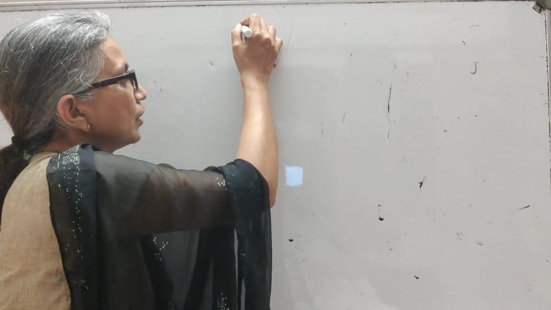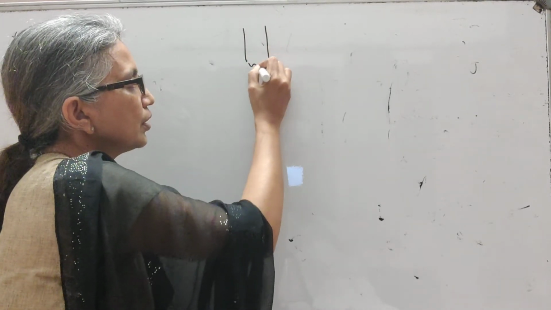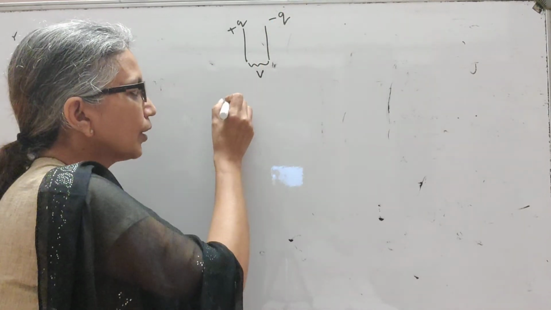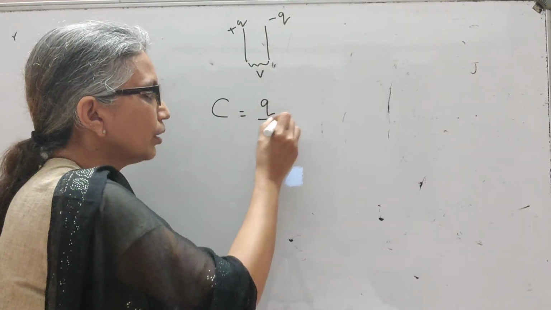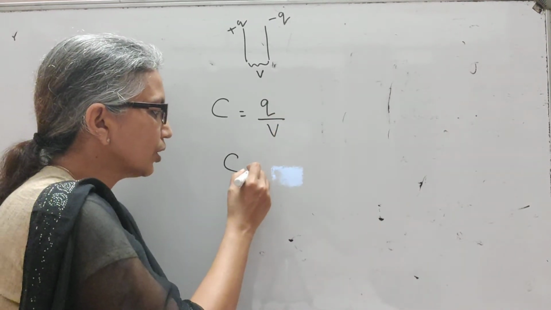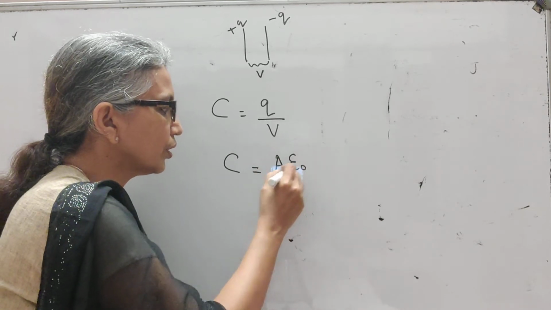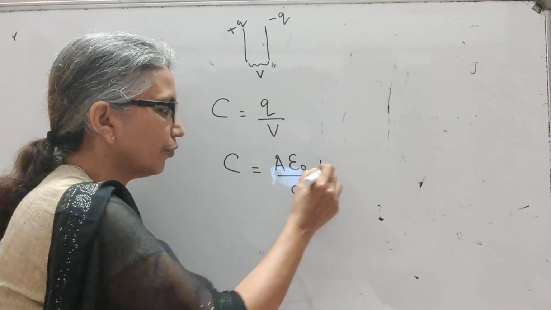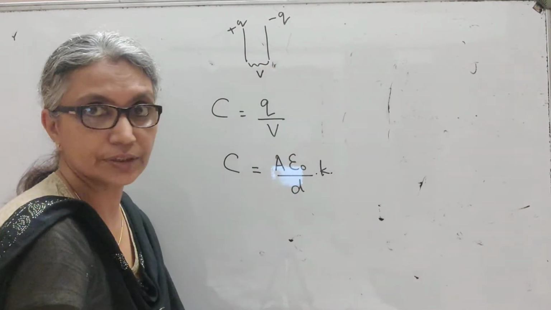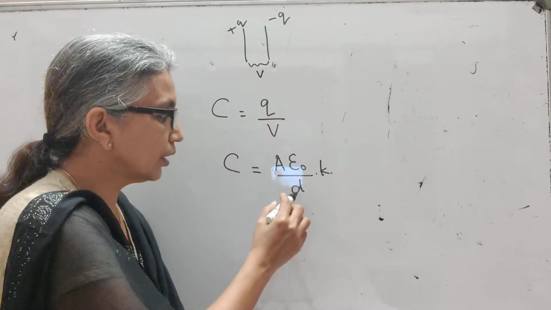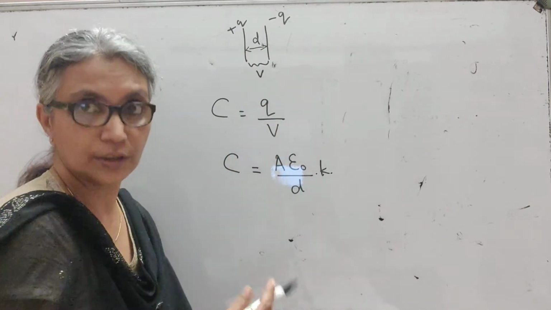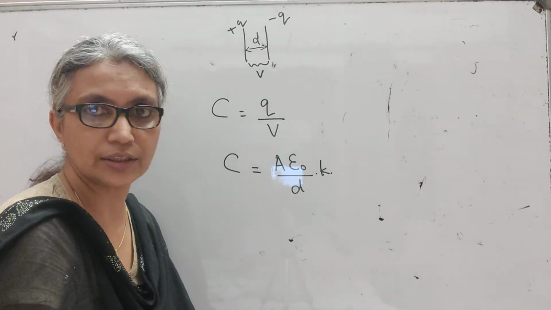In the case of a capacitor, this is V, this is plus Q and this is minus Q. The capacitance is given by the formula Q by V, but the capacitance is actually decided by A epsilon 0 by d into K, where A is the plate area, epsilon 0 is the permittivity of free space, d is the distance between the plates, and K is the dielectric constant if you have inserted a dielectric.